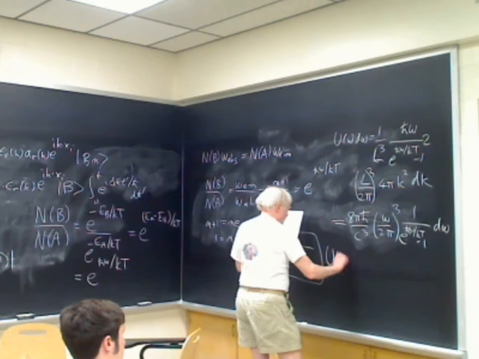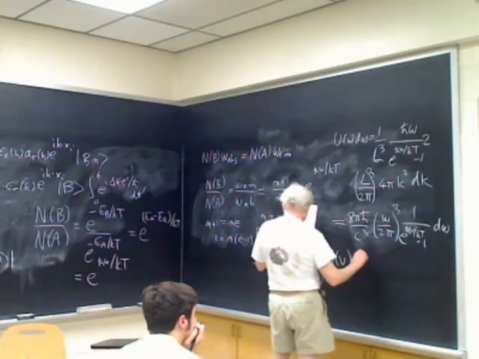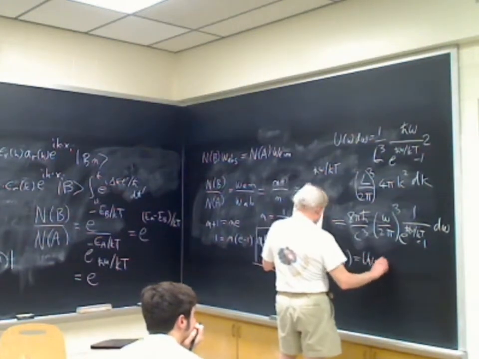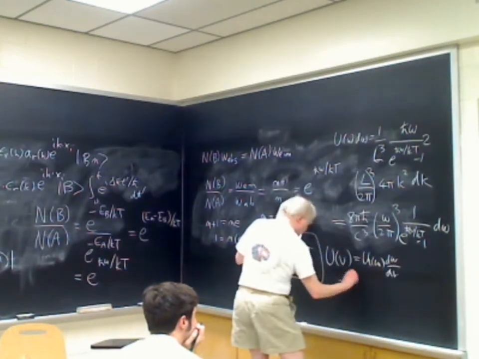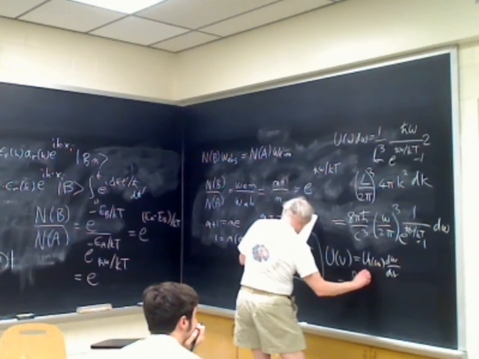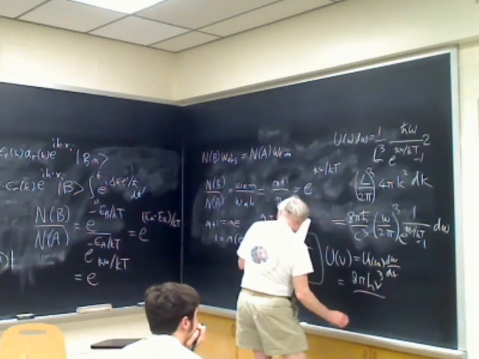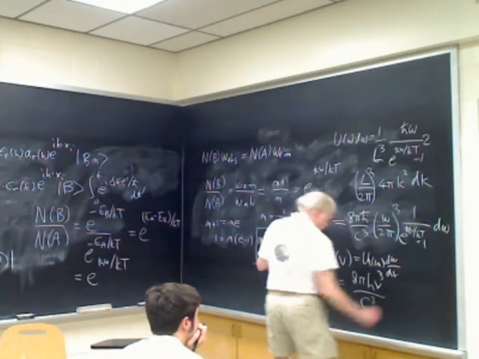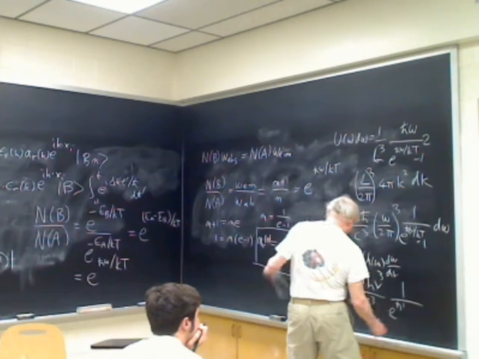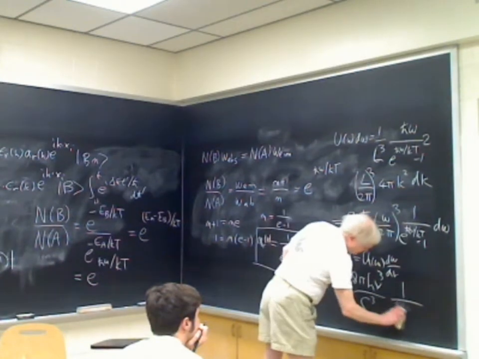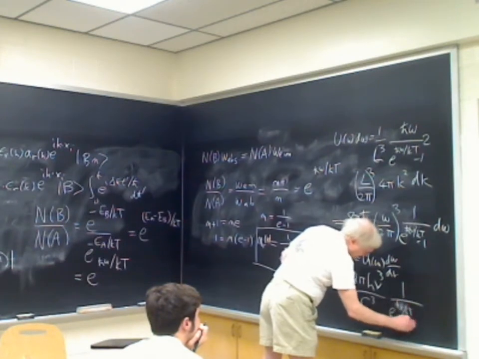Or writing in new units, u of nu d nu is 8 pi Planck's constant, nu cubed over c cubed, and again 1 over e to the, whoops, that's not h bar, it's h, h nu over kT minus 1.